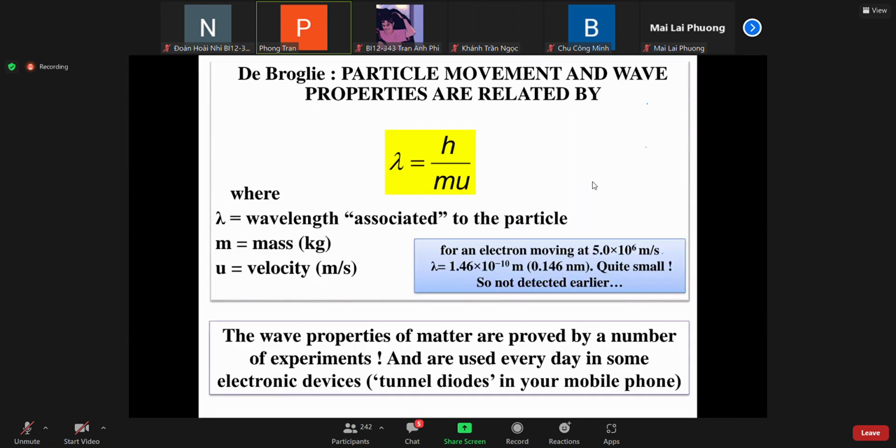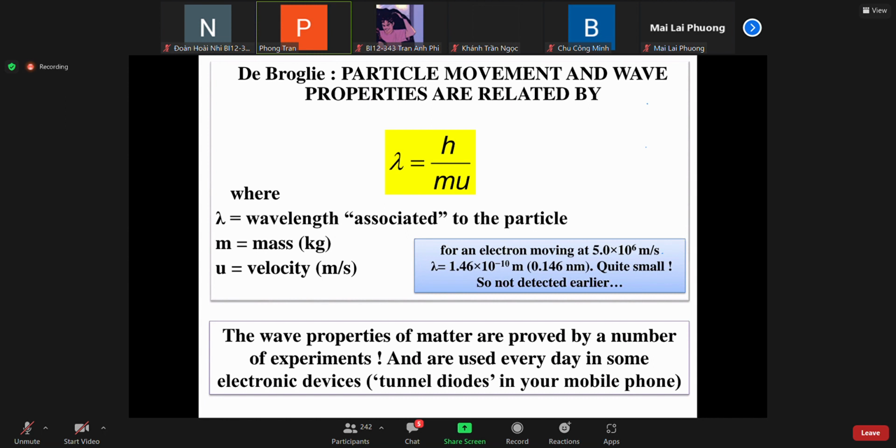What I mean is that particle movement can emit a wave. If a particle stands still, then nothing happens. But if it is moving, it is associated with a wave.